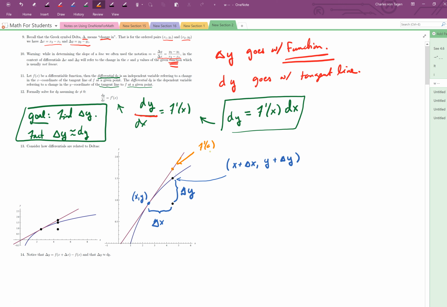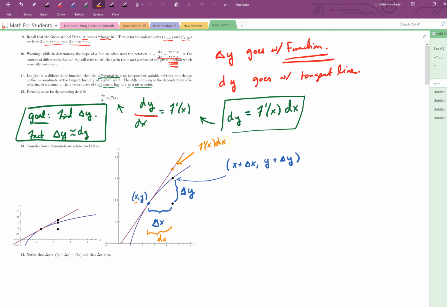Let me make that f prime of x, since I've labeled this point right here as x. f prime of x times differential x. Okay? Where differential x is this distance right here. So if I multiply the slope of the tangent line by how much I change in the x direction, I'll get this y value right here.